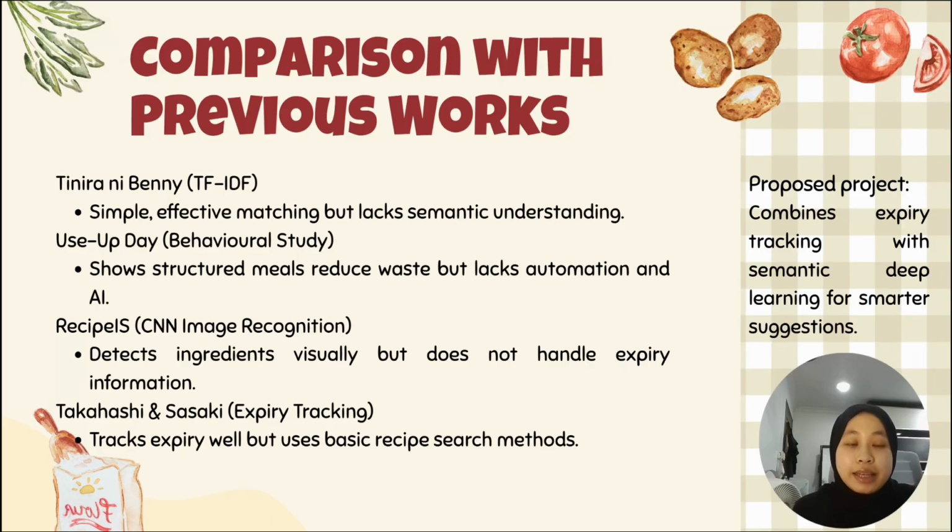Next, Recipe IS uses CNN image recognition for ingredient detection, but has no expiry tracking. Takahashi and Sasaki's system, lastly, includes expiry tracking, but uses only basic recipe search techniques.